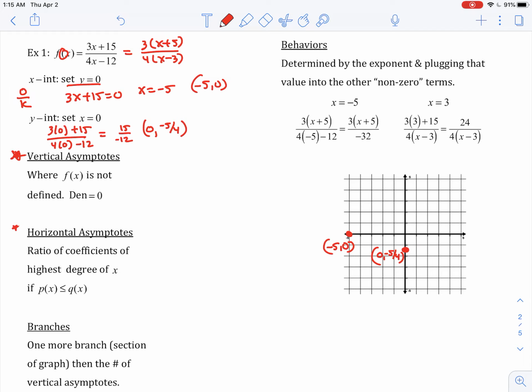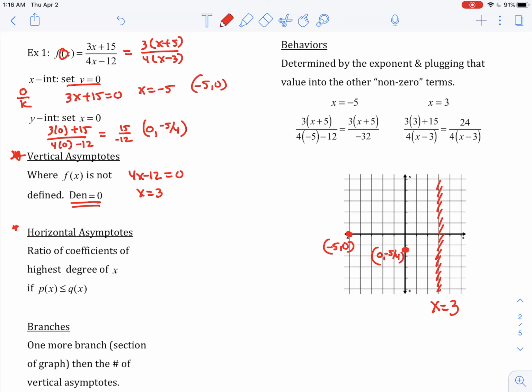Since a rational function is in fraction form, we have restrictions on our domain when our denominator is equal to 0. For our example, our denominator 4x minus 12 equals 0 when x is equal to 3. So we have a vertical asymptote, this vertical line, at x equals 3.